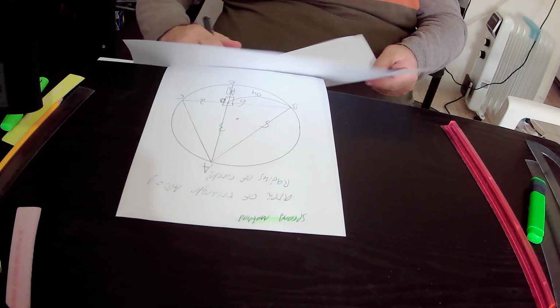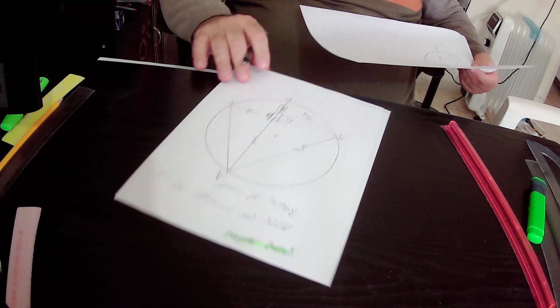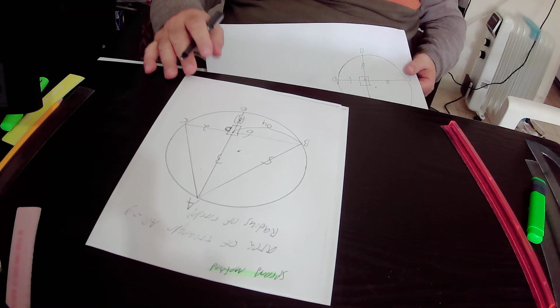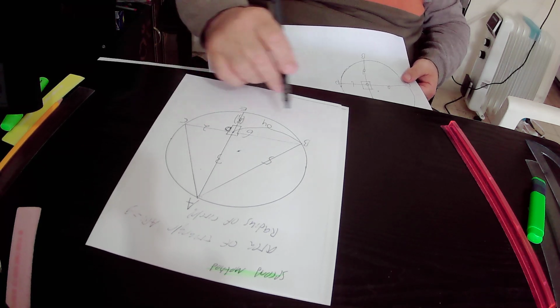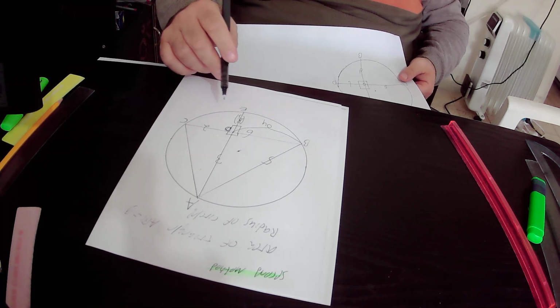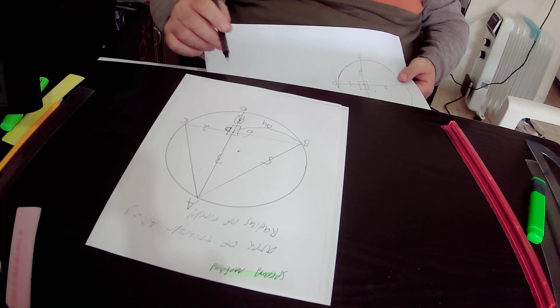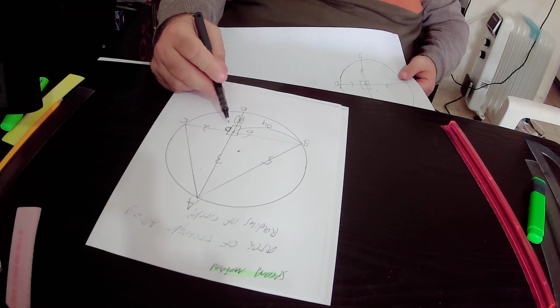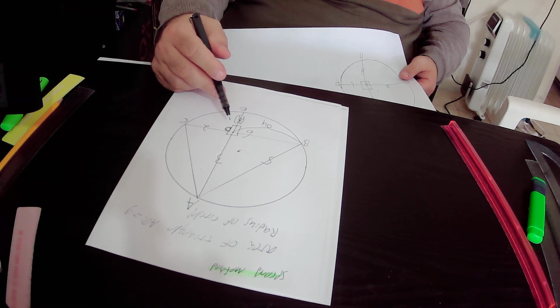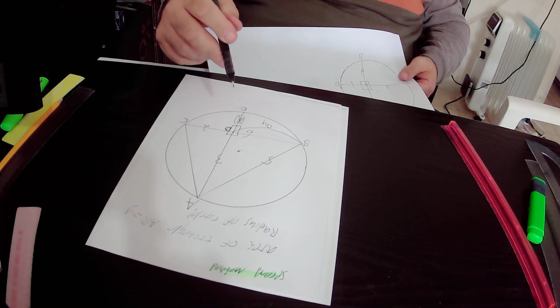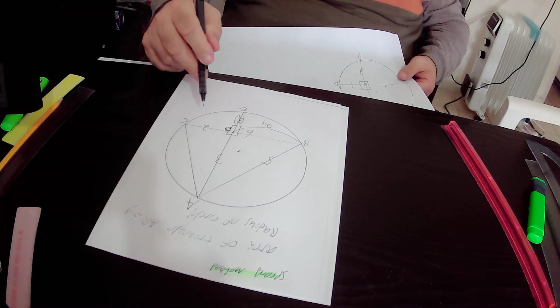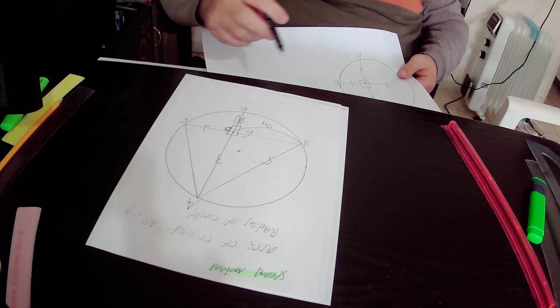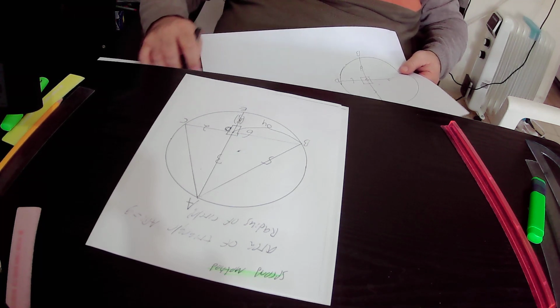We can implement rule number 2 in our drawing because we already found out that chord AE intersects with chord BC at point D at 90 degrees. We already found out that all the angles at point D around point E are equal to 90 degrees, therefore chord AE intersects with chord BC at 90 degrees. Therefore we can implement rule number 2 in our drawing.